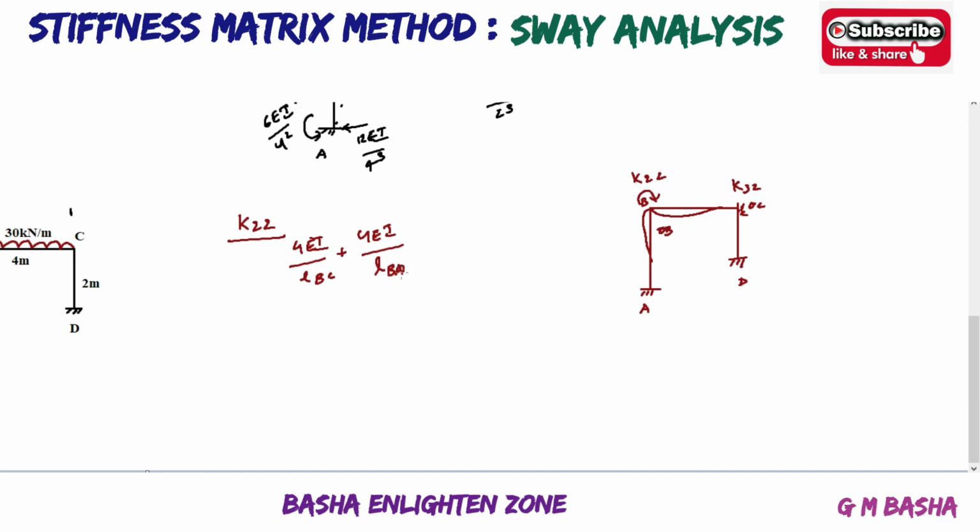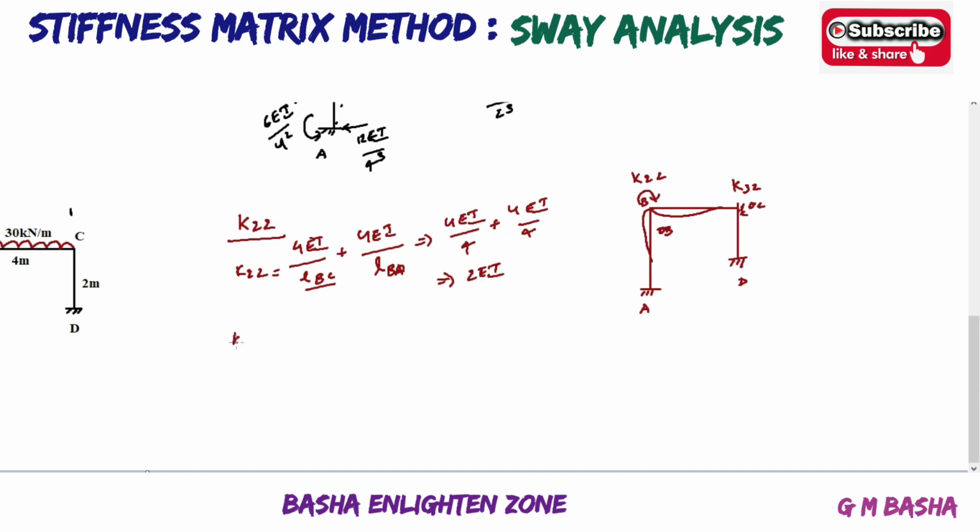Okay, that is your K22. Next, what about K33? Simplify this one. 4EI by LBC will be 4 meters. 4EI by 4 plus 4EI by 4, LBA also 4 meters only. That is 4EI by 4. If you simplify, you will get 4 cancel, that is 2EI.